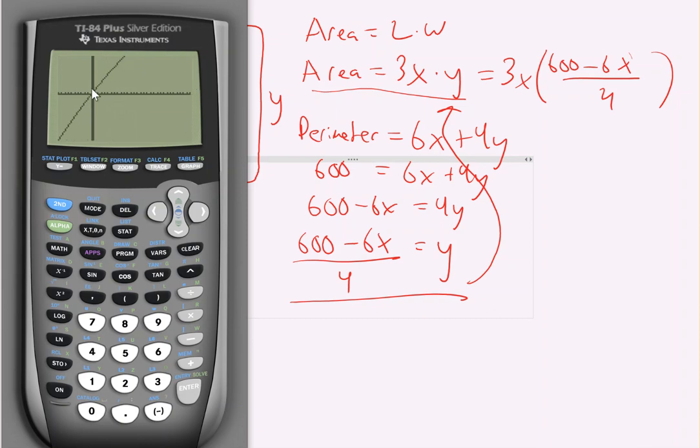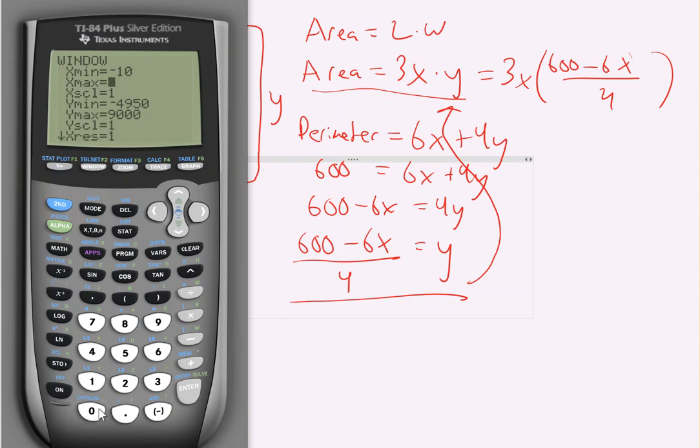Okay, so I can see the area is still going up, so that wasn't enough. Looks like I might need to go further to the right, but I can tell I also need to go further up. And again, I don't really know how much yet, so it's a little bit of guess and check. Try something. Okay, that made it worse.